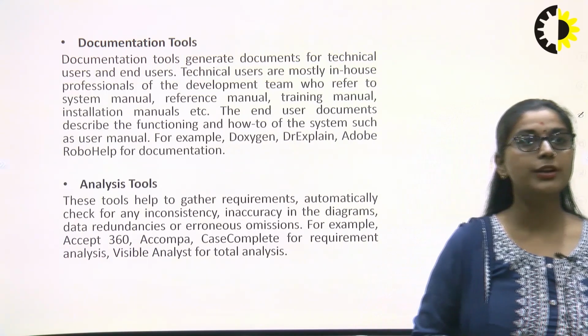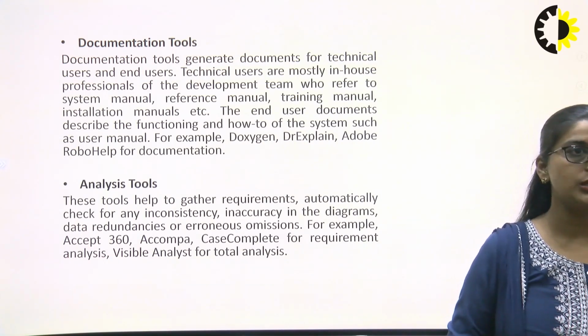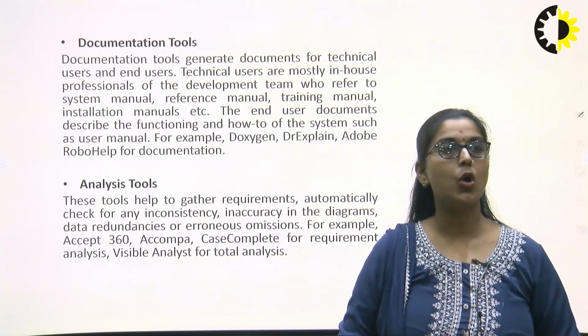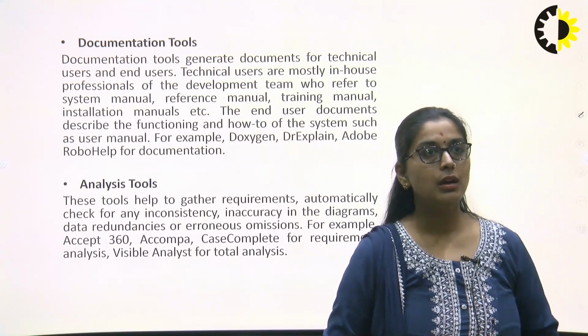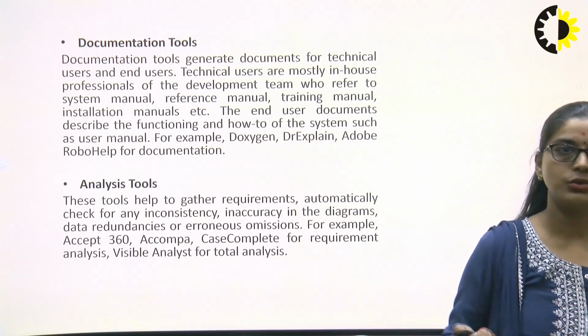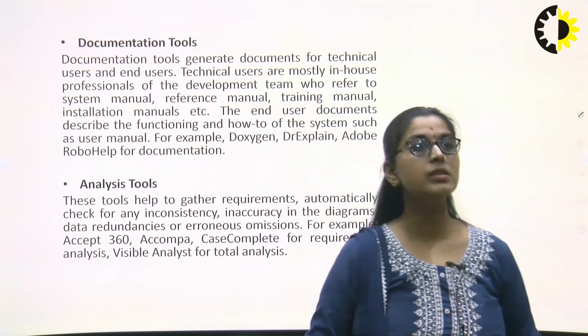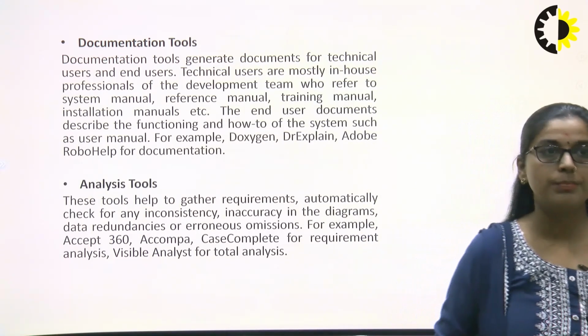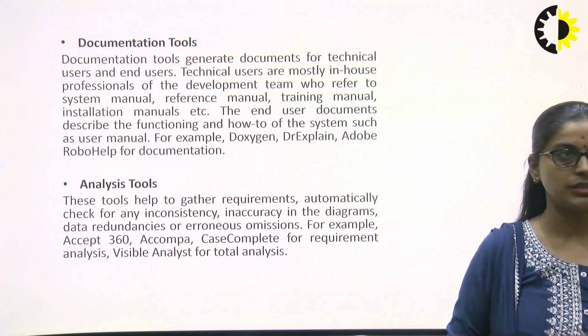Now, some document tools are there: Doxygen, DXplain, Adobe RoboHelp for documentation. If we are making any kind of documents, we use these already inbuilt tools. Analysis tools, 360, Compa, Case Complete for requirement analysis as well.